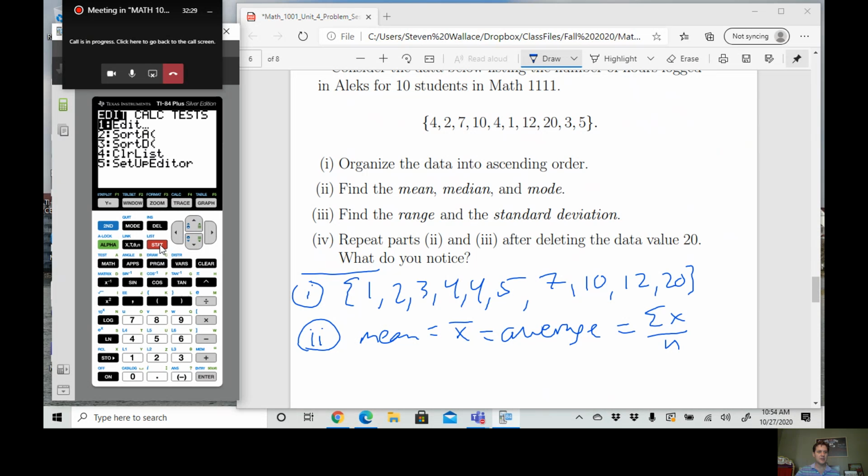I think it's better to use your calculator. So if I click on Stat, Edit, and I enter the data, I don't have to put them in ascending order now. I can just put them as they're written.